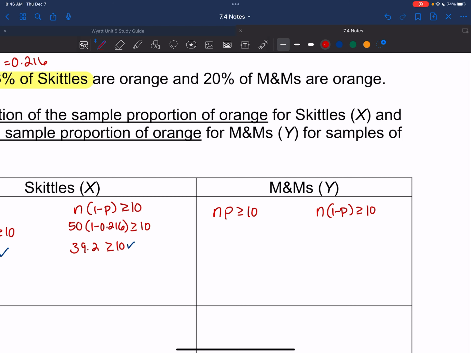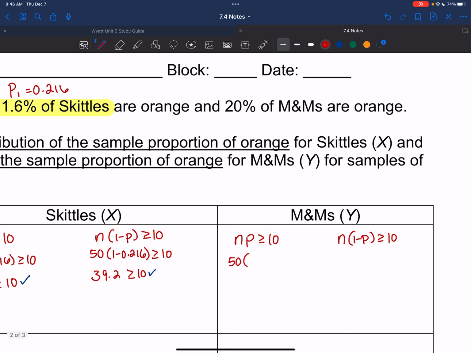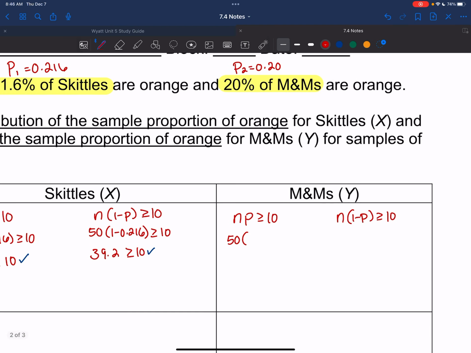And so I'm going to have 50 times our true proportion of M&Ms we're assuming is 20%, so that's going to be P2 is equal to 0.2. So 50 times 0.2 is going to give us 10. And that's greater than or equal to 10.